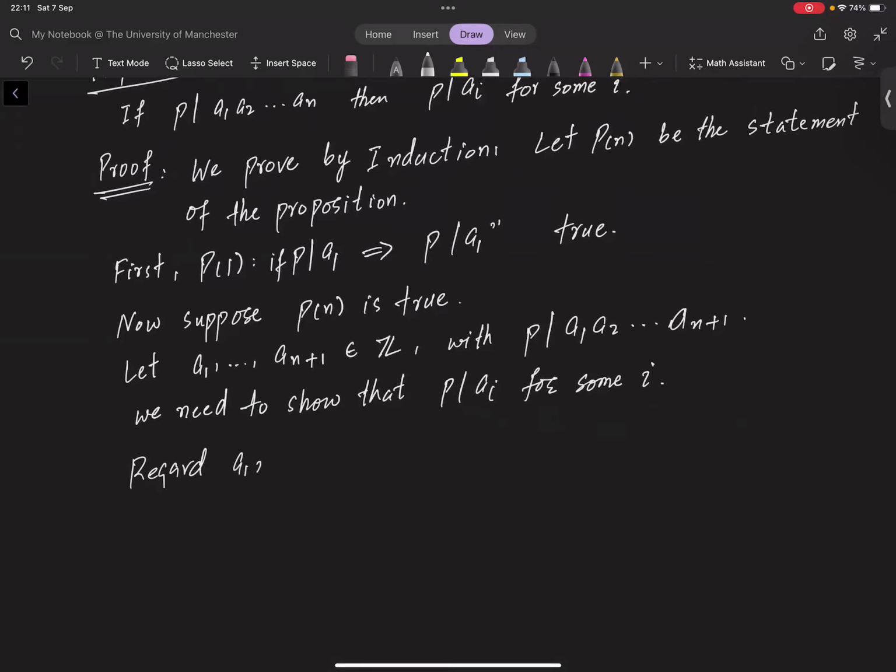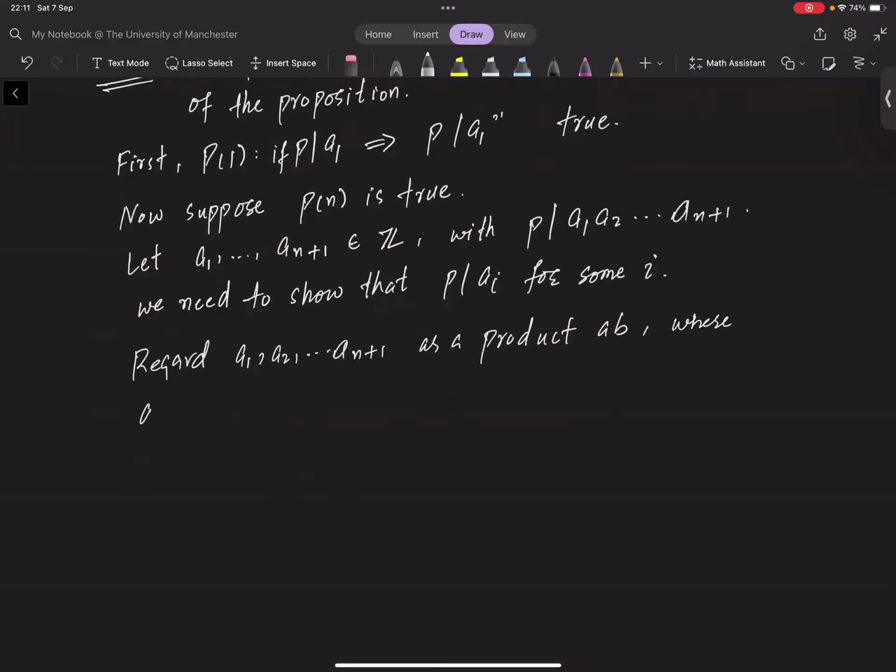Regardless, write the integers as a product AB, where A is the product of the first n integers and B is the n plus first integer.